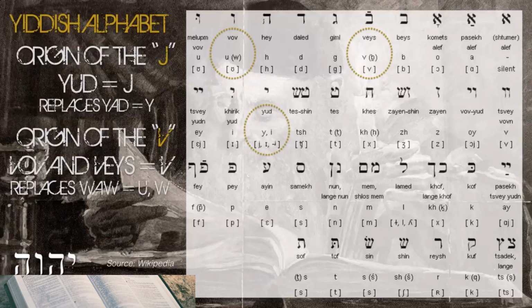Here's the Yiddish language chart, and now you can see for yourself the root of the J, which they call Yud. Replace the Yad. No, never Yod. It's Yad, the ancient Hebrew letter, which is a Y sound.